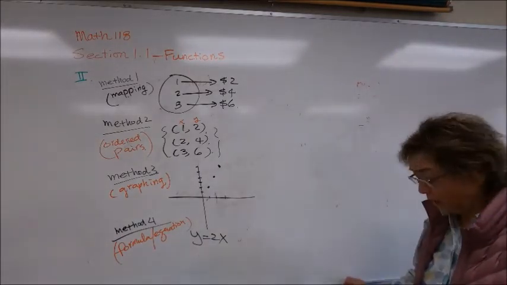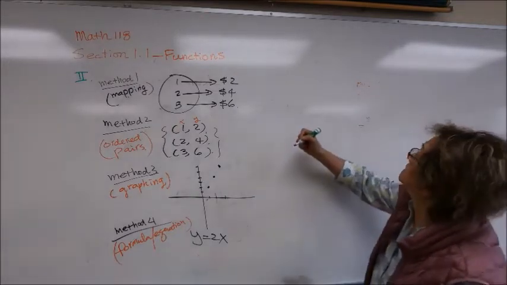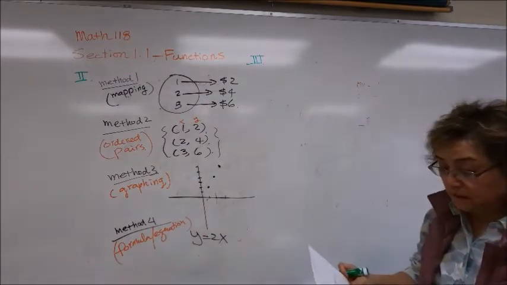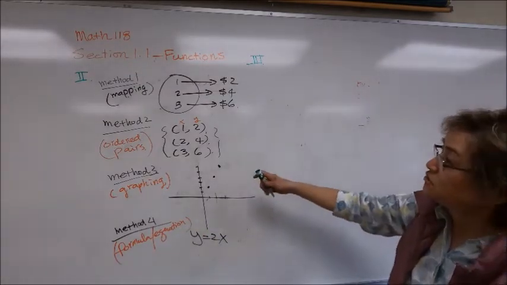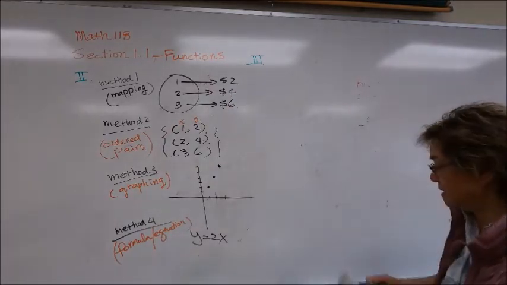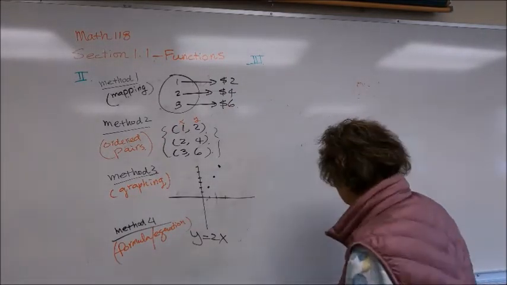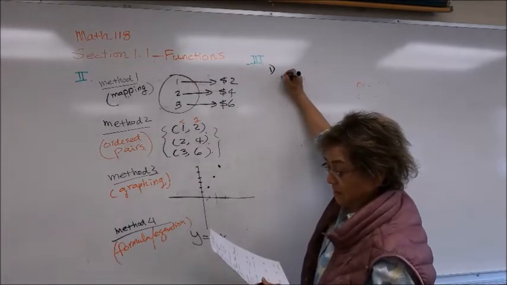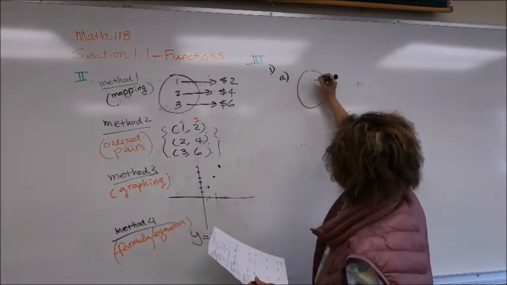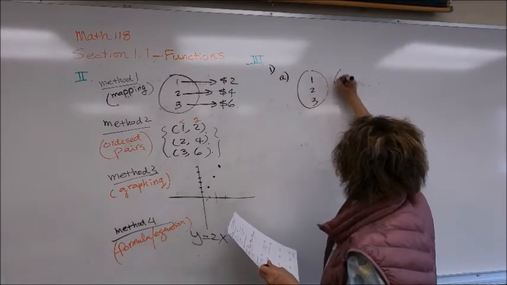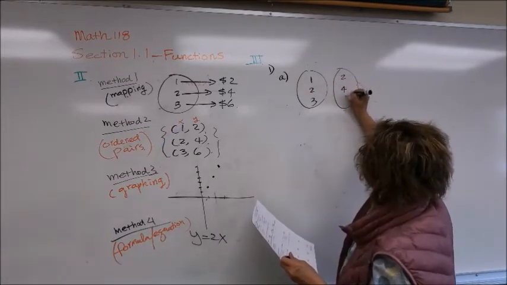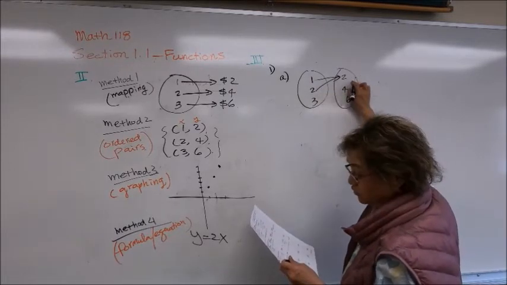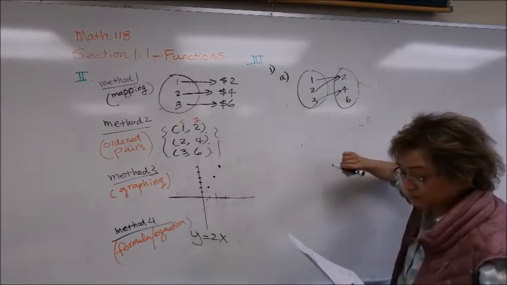What kinds of things are functions? What kinds of things are not? Let's take a look. First, let's just use the mapping way. If I have 1, 2, 3 mapping to 2, 3, 6, so 1 and 2 map to 2, and 3 maps to 4, right?